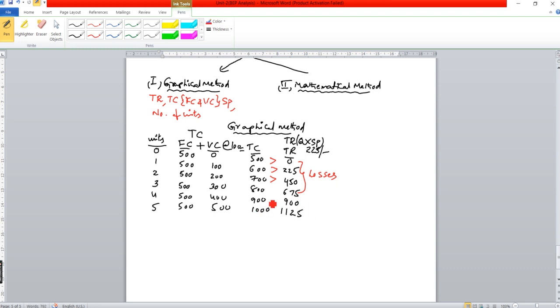And in this area, where the total cost is 900, the total revenue is also 900, this point is called the break-even point. Once this point is crossed, from the fifth unit the firm is getting profit. We can even extend it to the 6th unit, 7th unit, 8 units, no issue on that.